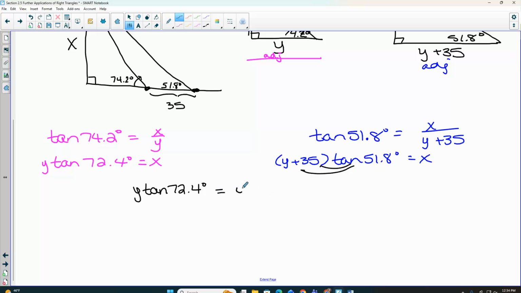So that would be y tangent of 51.8 degrees plus 35 tangent of 51.8 degrees. All right, now what?